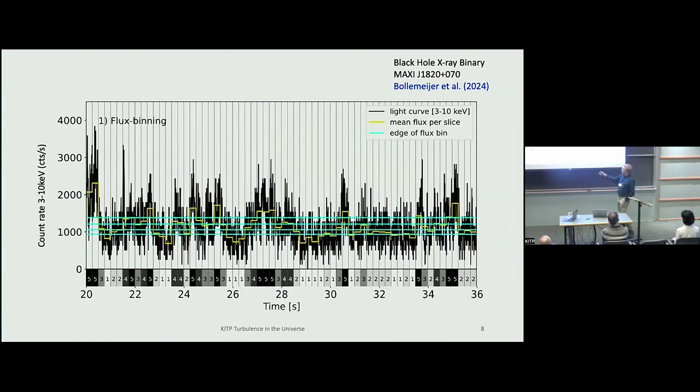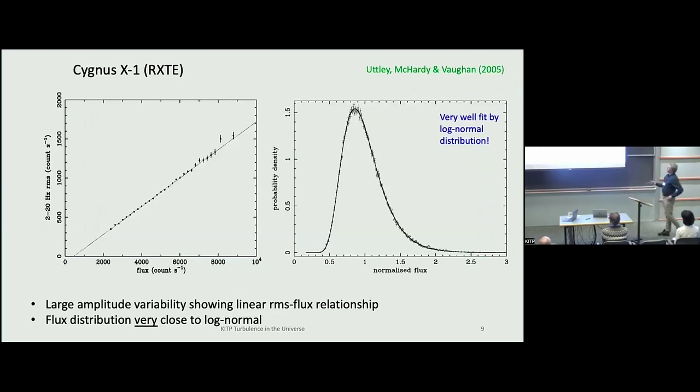And you can just see the time scale on which we're getting variability here visually in this plot. First thing is, yes, variability, turbulent system, not a huge surprise, but there's tremendous structure in here if we dig into it. First and foremost, if you just look at the PDF of that emission, and this is actually not that system, this is an old plot from Cygnus X-1, it's beautifully log normal.